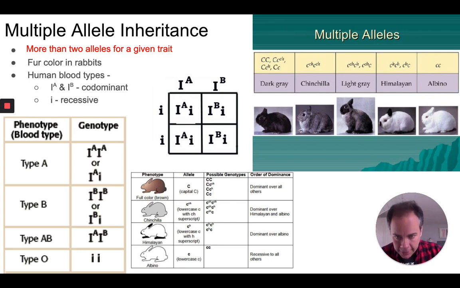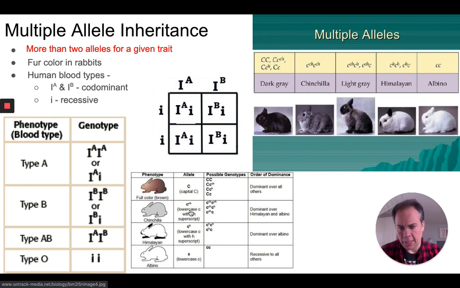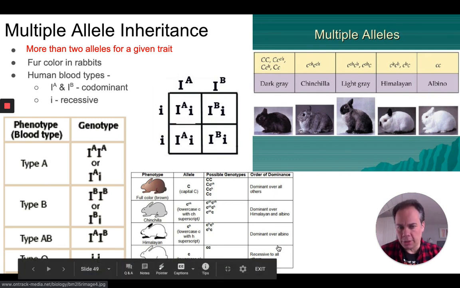So there's the big C allele, which is for full brown fur. There's the c^ch allele, which is recessive. So the full brown is dominant over all of these other versions.